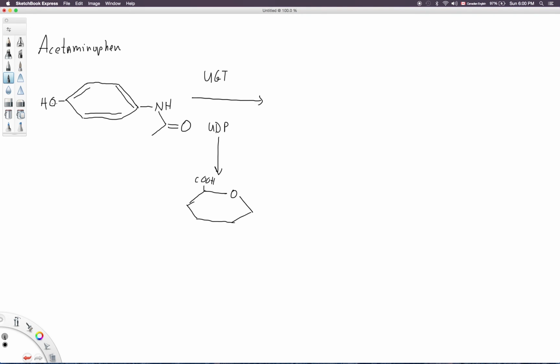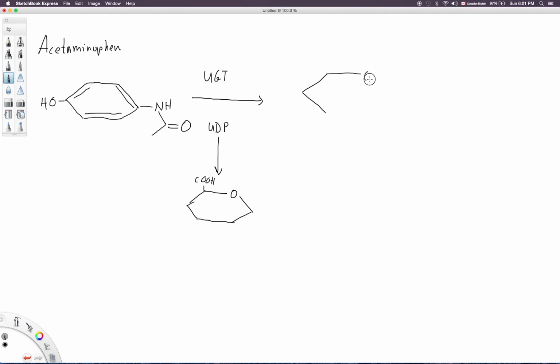So this is nucleophilic. It's going to attract nuclei, to be specific, and so this gets attached there. Let's draw what that will look like at the end of the day. I'm going to put my metabolite, or my glucuronic conjugate here. I'm going to draw that first.